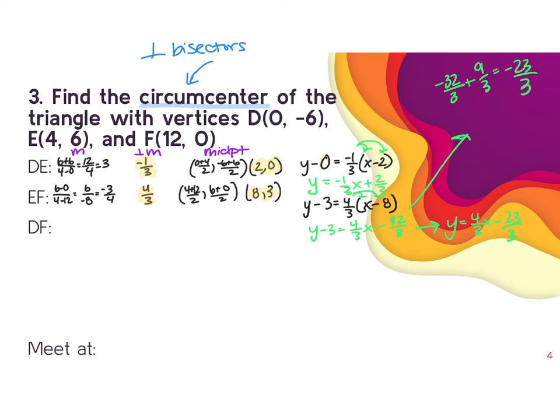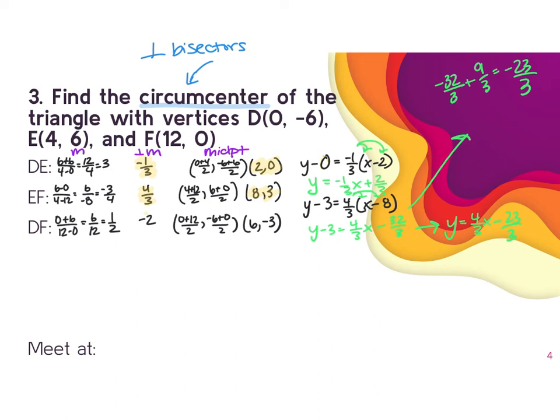And our last one, D and F. 0 plus 6 over 12 minus 0. We have 6/12, which is 1/2. Negative 2 is our perpendicular slope. Midpoint, 0 plus 12 divided by 2. Negative 6 plus 0 divided by 2. We get 6, negative 3.